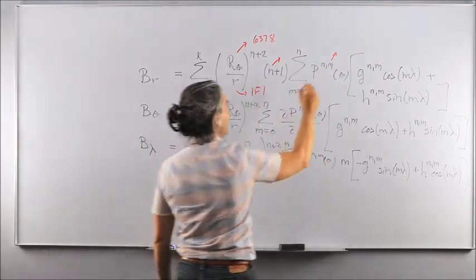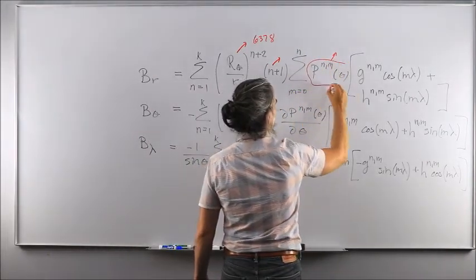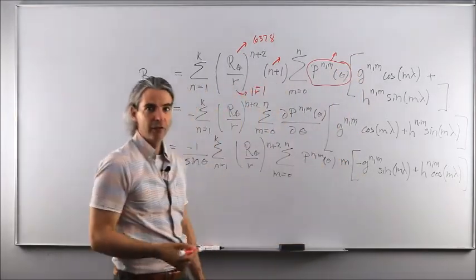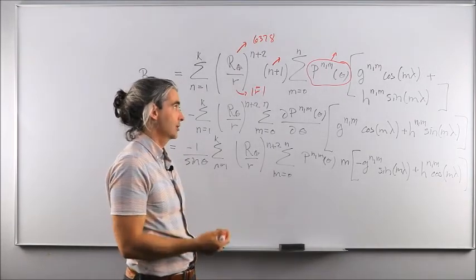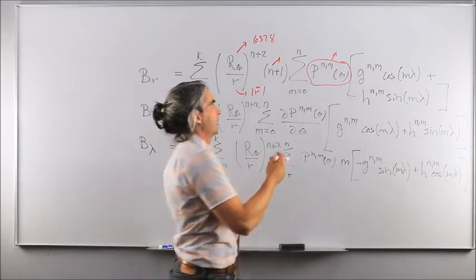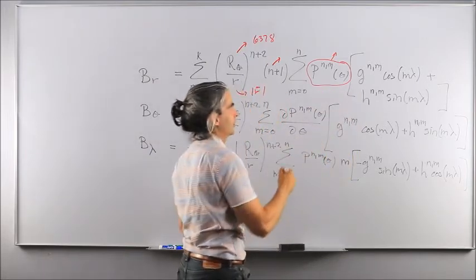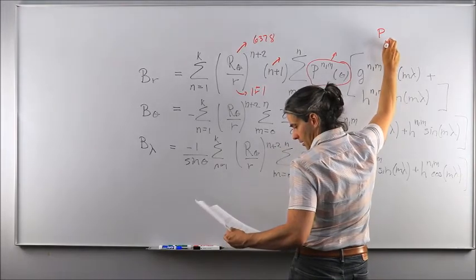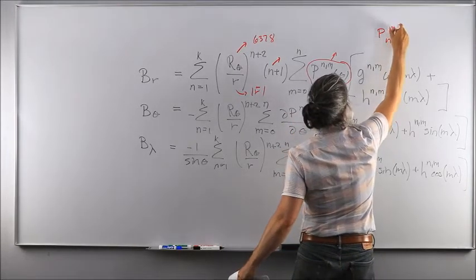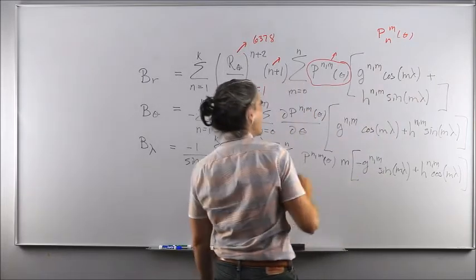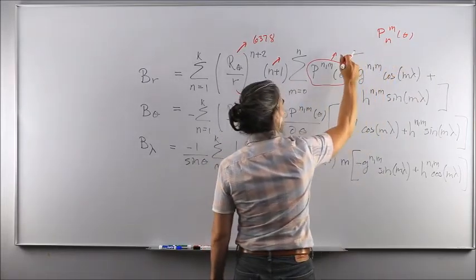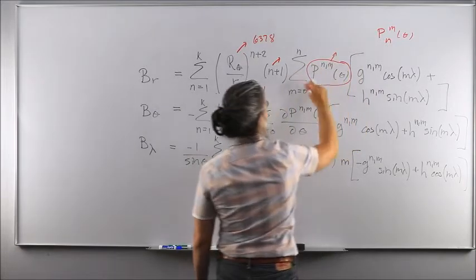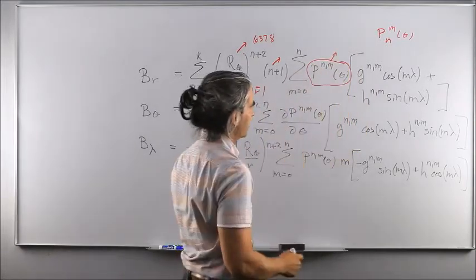We have seen how to calculate the Schmidt normalized Legendre polynomials as a function of the quasi-normalization factor. These were the S terms, and I gave you the answer for the S terms based on the Gauss-normalized Legendre polynomials, okay? So based on that, we calculate the quasi-normalization factor S to get the Schmidt normalized Legendre polynomials and plug them back here.